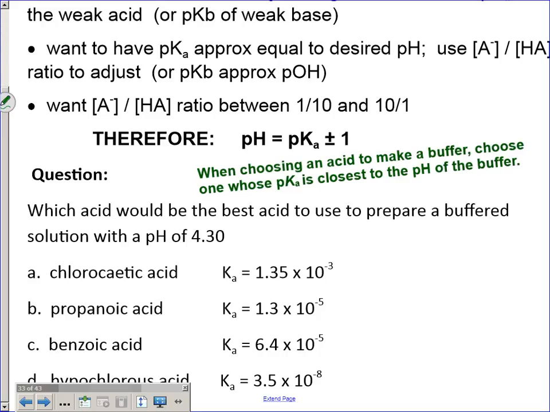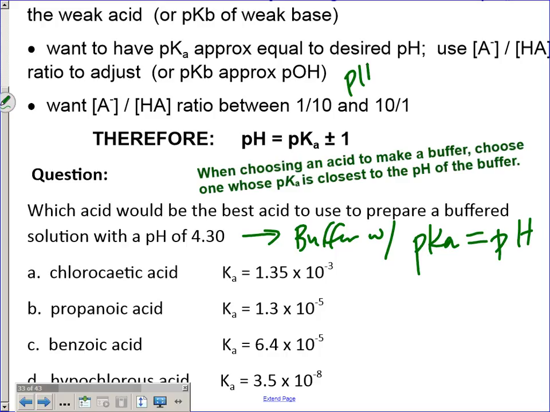What you look at is you want to have a buffer, in this case an acidic buffer, with a pKa that's really close to the pH you want to prepare. Because if you think back to the Henderson-Hasselbalch equation, we have pH equals pKa, right?